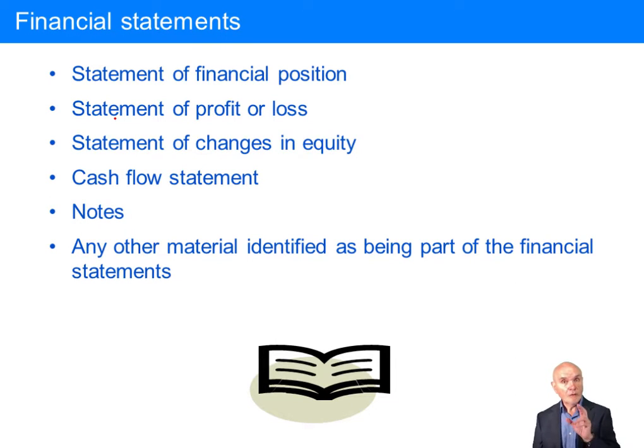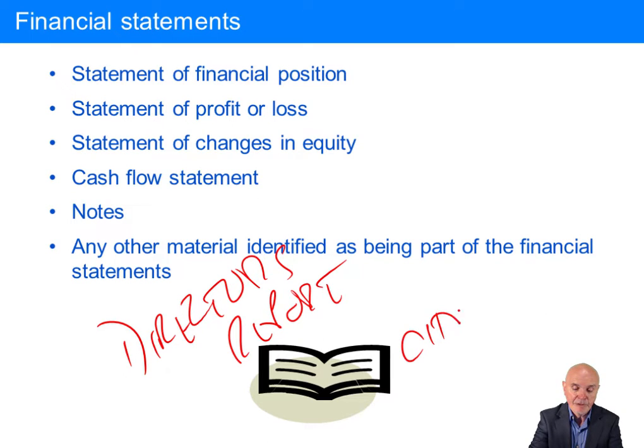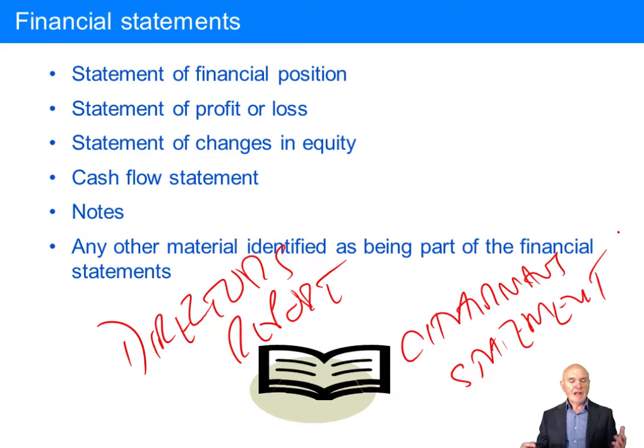But in particular, note what is not here. The director's report, and the chairman's statement. Nor are other nice graphs and pictures and so on, which frequently form part of a listed company's annual report.